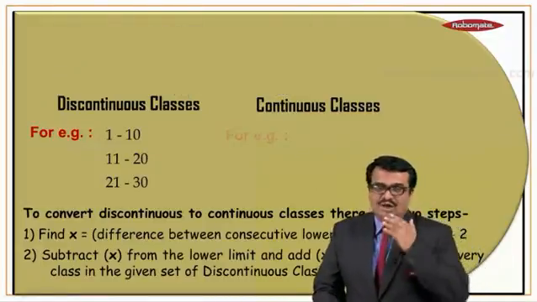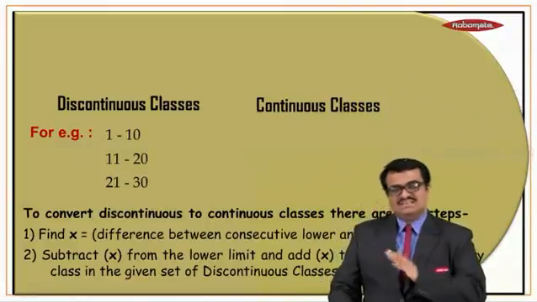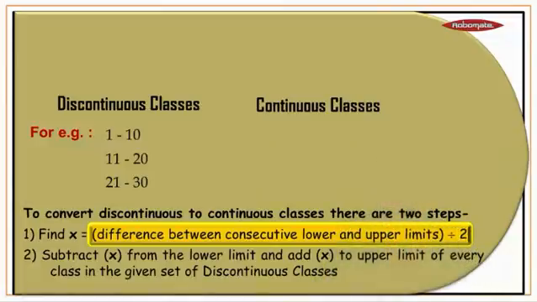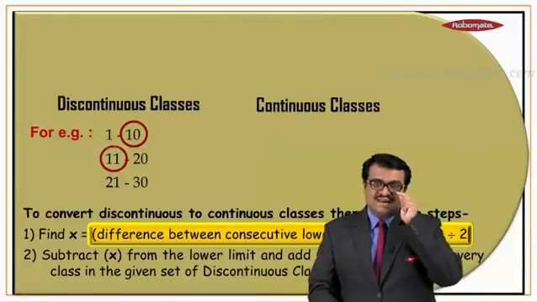Now, if you see the first column, the classes given are discontinuous. Let us convert the same discontinuous classes to continuous. Now, how to do that? First, find the difference between consecutive lower and upper limits and divide it by 2. Consecutive lower and upper limits. Now, the first class ends at 10 and the second class starts from 11.